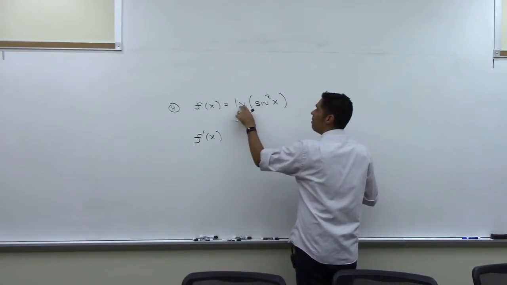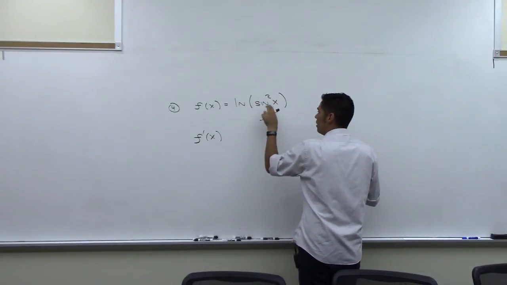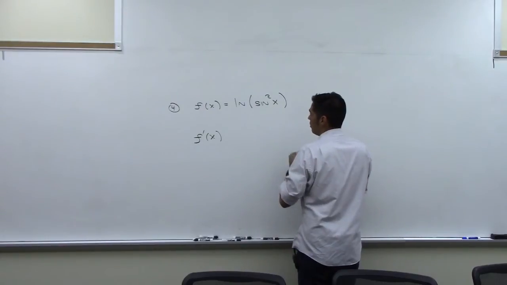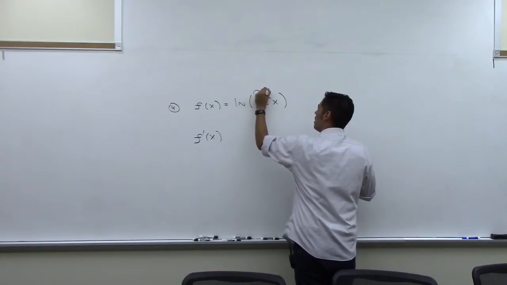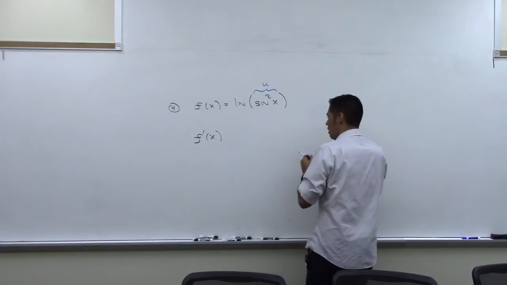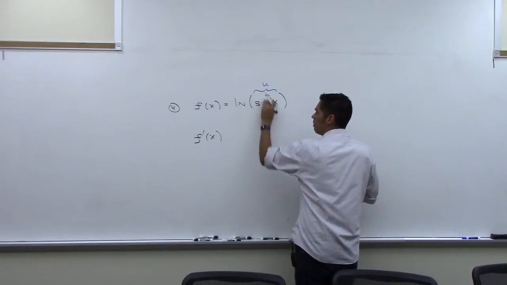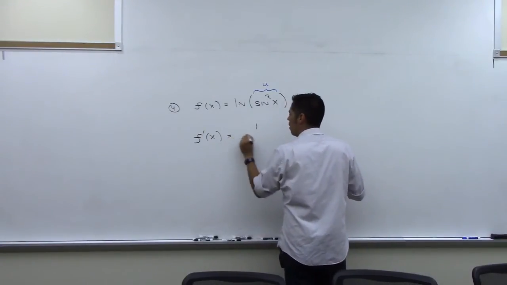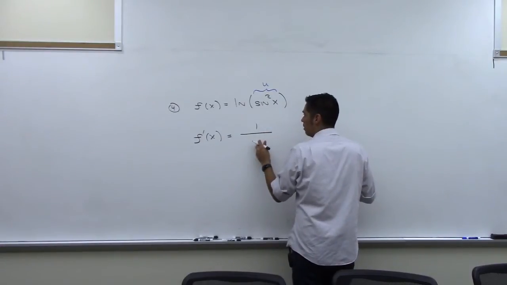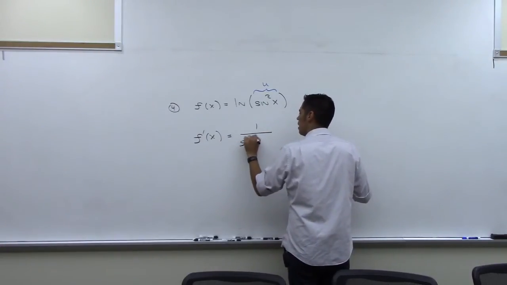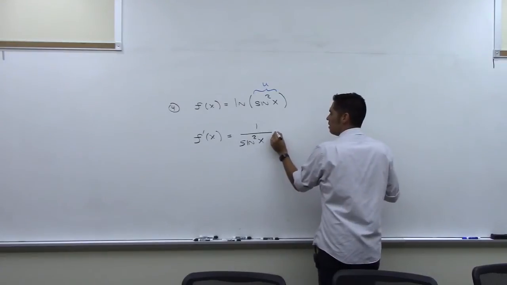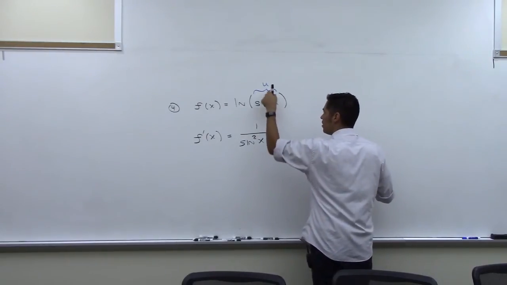I have natural log of sine squared x. This right here is also composition. But let's look at everything in here as being u. So the derivative of natural log of u is equal to 1 over u. So 1 over sine squared x times the derivative of what's inside.